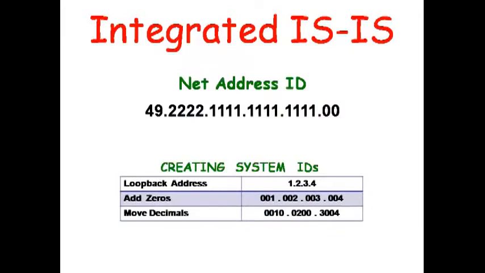The net ID that we'll be using is created by typing the number 49, followed by the area number, followed by the system ID, and followed by double zeros.